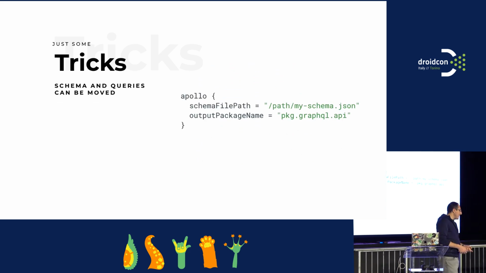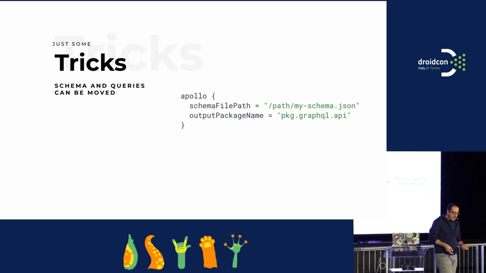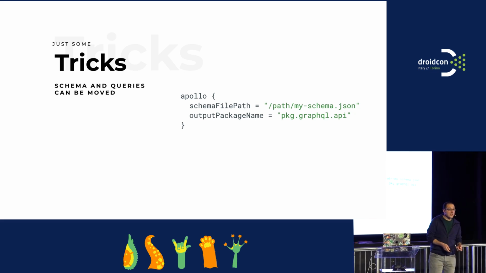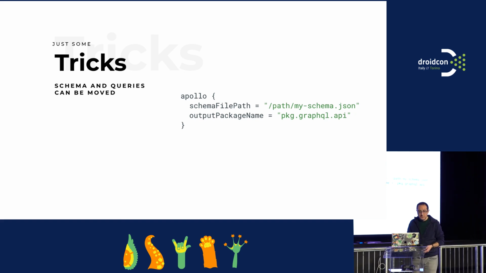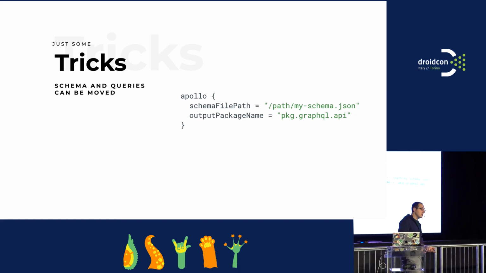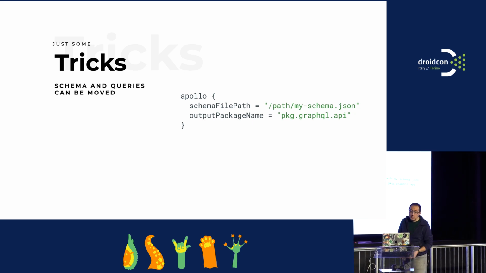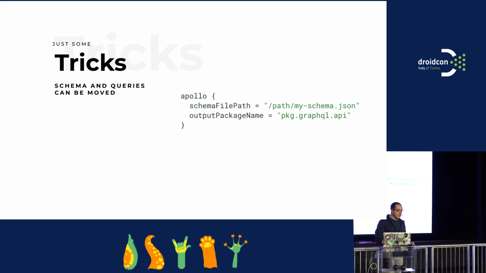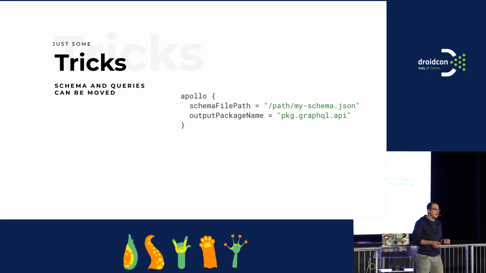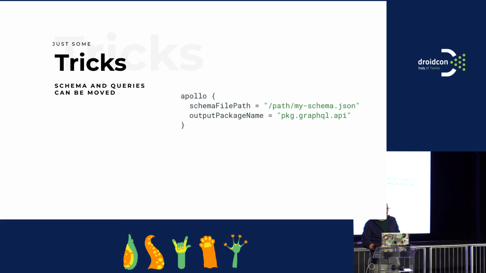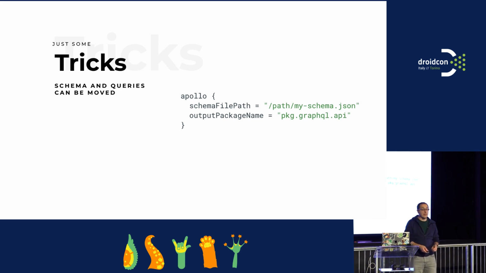But at the beginning, you couldn't really move the schema and the queries. They had to stay in a very specific place because the position was hard-coded, which is not really a big deal because Apollo is not yet stable, so it's fine that there are some shortcuts. Now, you can decide where to put the schema and how to fetch the queries in your code base by specifying those instructions in the build.gradle file.